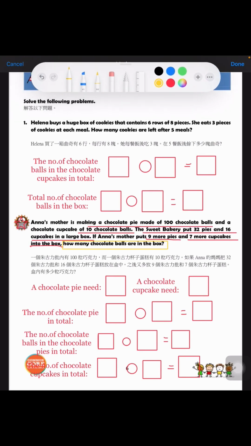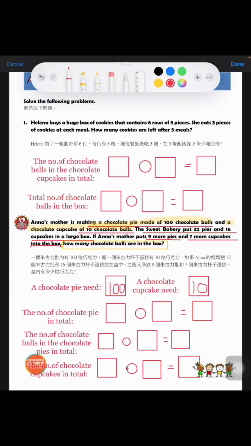From the question, how many chocolate balls are needed to make 1 chocolate pie? Each chocolate pie needs 100 chocolate balls. And how many chocolate balls are needed for each cupcake? Each cupcake needs 10 chocolate balls.